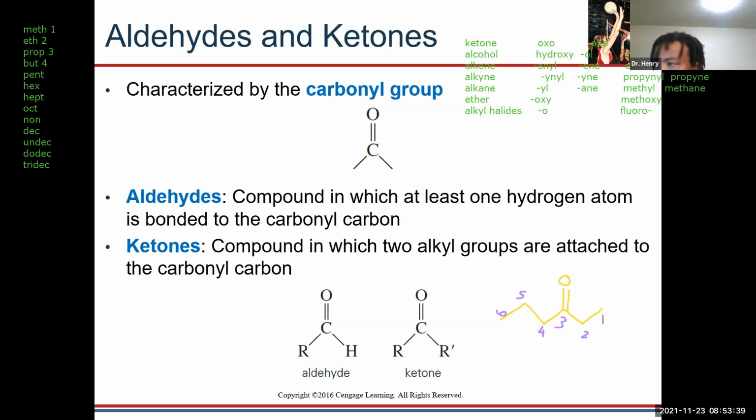So this guy would be called the hexanol. We tell where that double bond is located because it could be on any of the carbons except for that terminal carbon. Then it would be an aldehyde if it was on the terminal carbon.